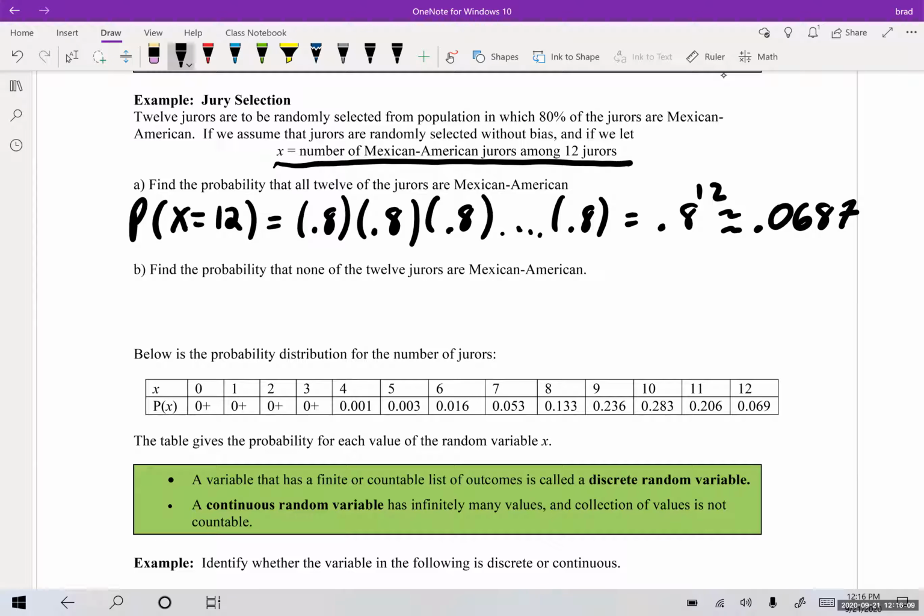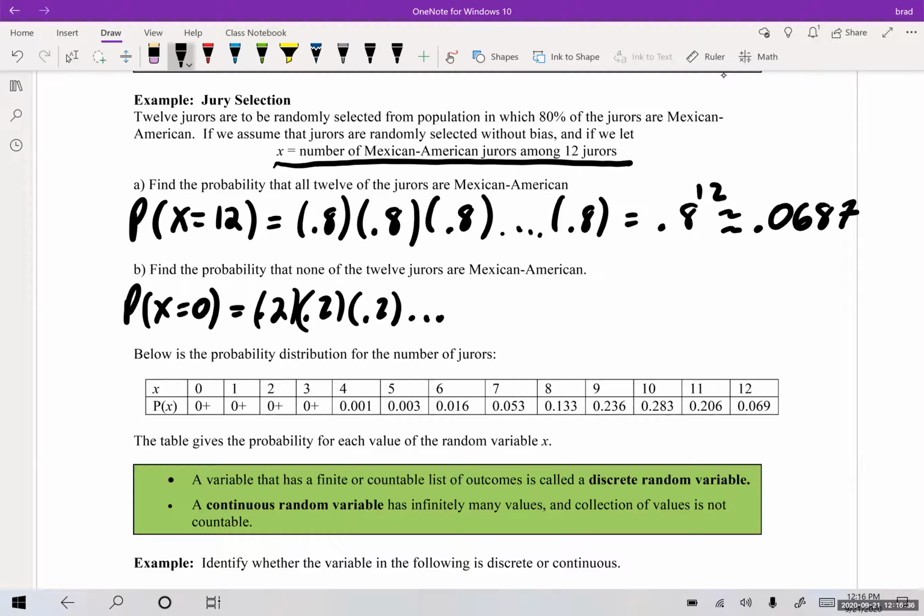Okay, then it says find the probability that none of the 12 jurors are Mexican American. Well, think about it this way. If the probability of being Mexican American on the jury is 80%, what's the probability of not being Mexican American? It would be 20%. So we're going to say the probability that X equals 0 would equal 0.2 times 0.2 times 0.2.